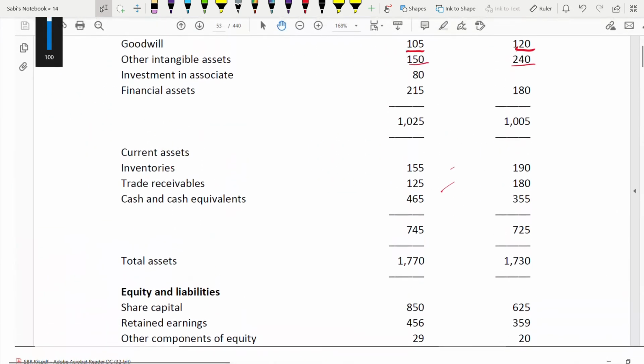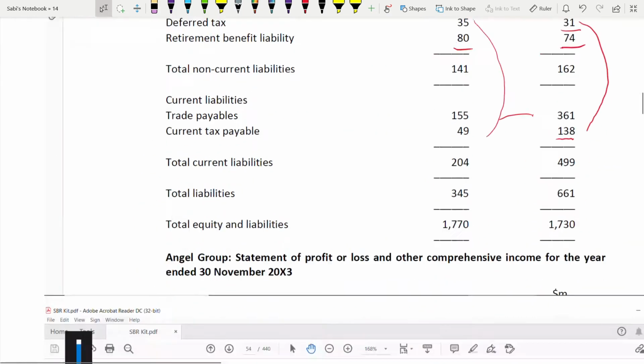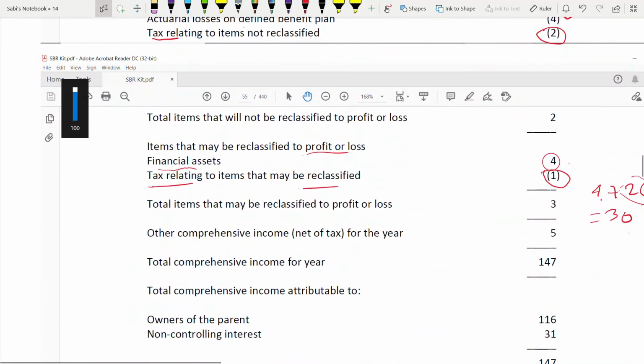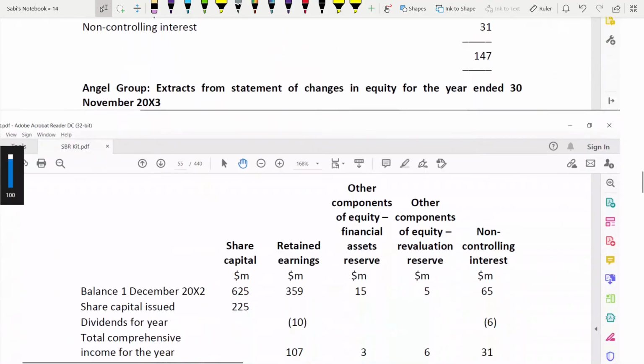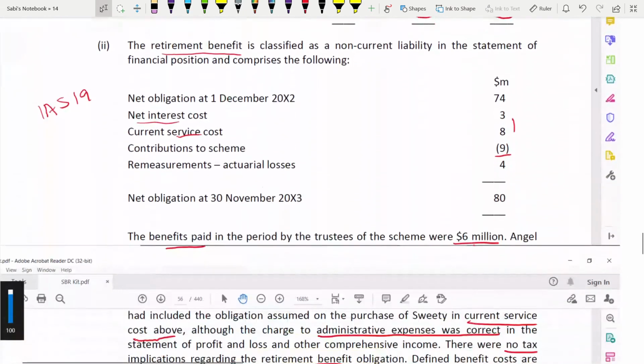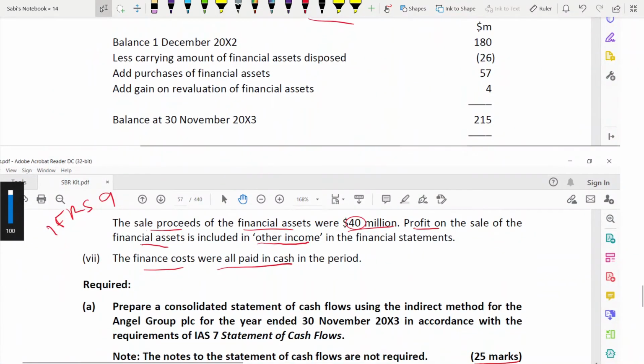Just go to the financial asset, or maybe they have given somewhere relating to financial asset. IFRS 9, it is the last. 40. So how do you know that it is this thing?